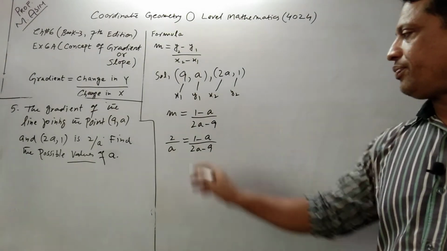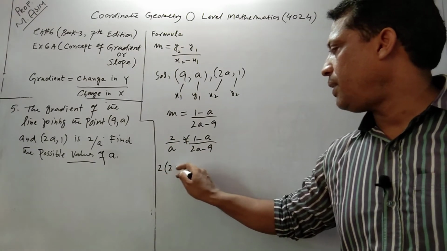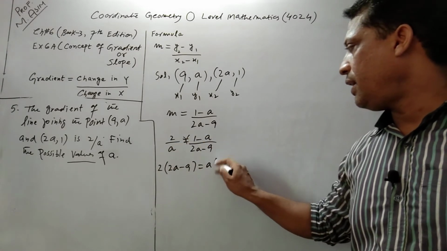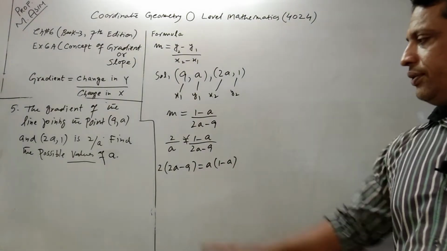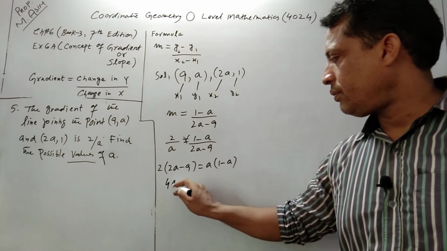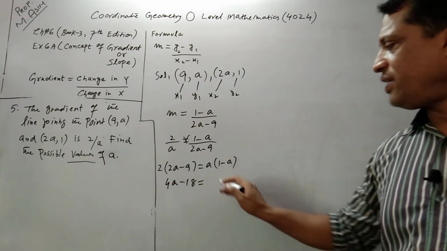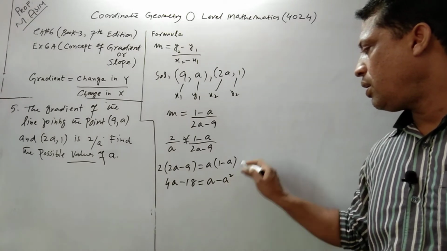Cross multiply. This 2 multiply by 2a minus 9 and this a multiply by 1 minus a. 2 2s are 4a, 2 9s are 18, a 1s are a, a into a is a square.